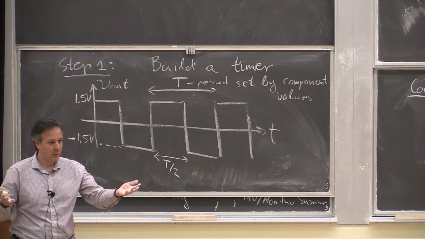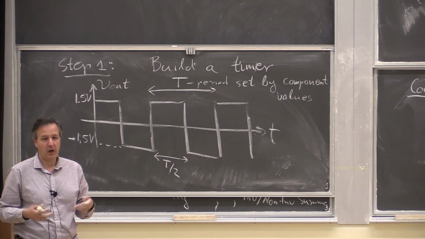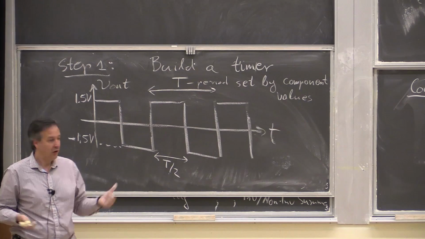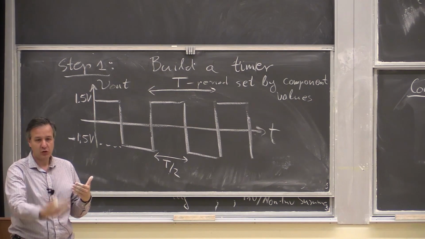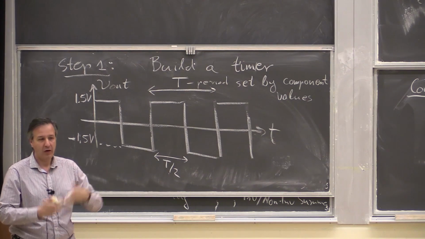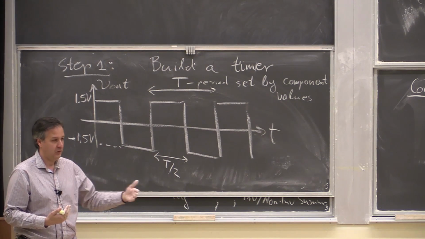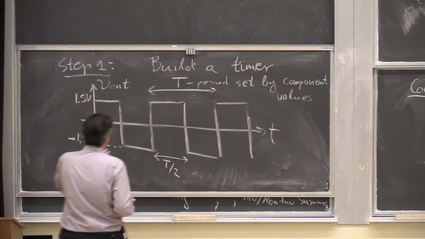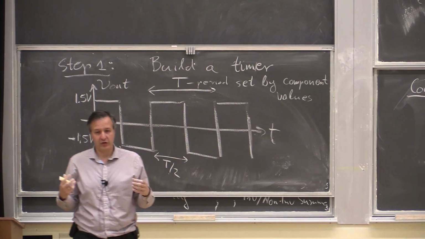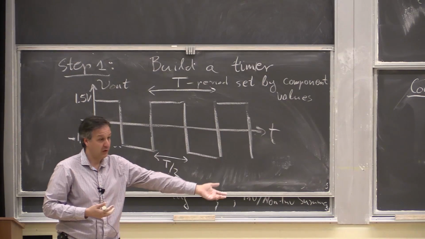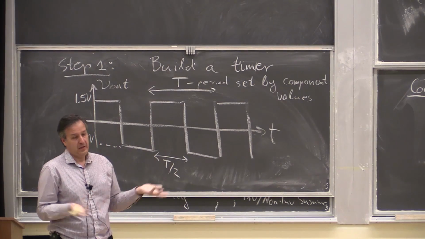All your processors, everything you have in your pockets that does digital processing, has one of these inside. Information flows and is computed on this clock cycle. Every clock cycle, which is this period, new information gets into your digital circuit and new information comes out.